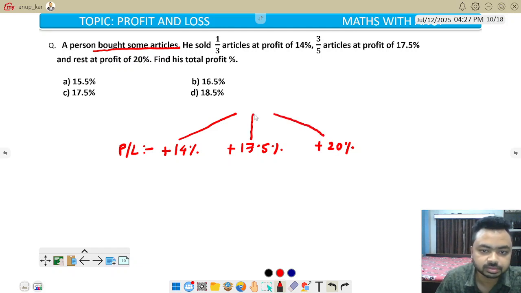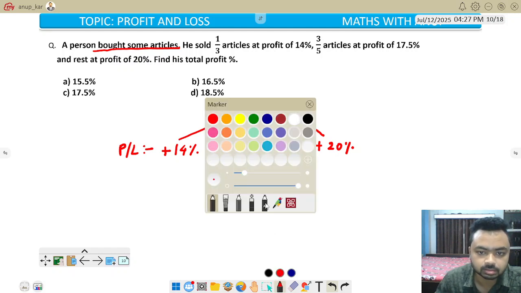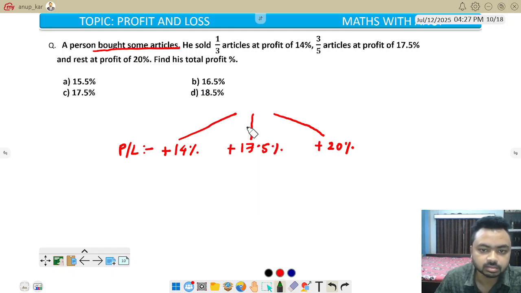As we are given that he sold 1/3, it will be 1/3, then 3/5 of the articles into 3/5, and the rest at 20%.